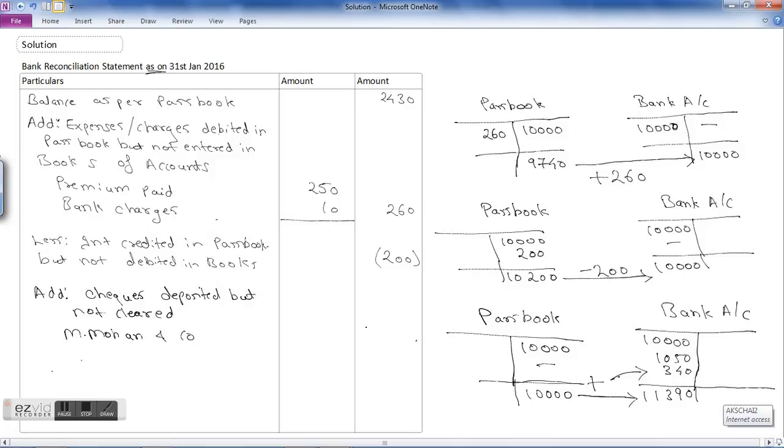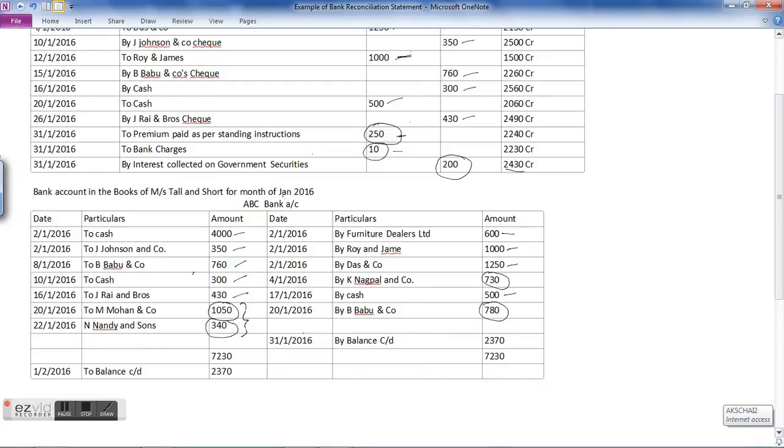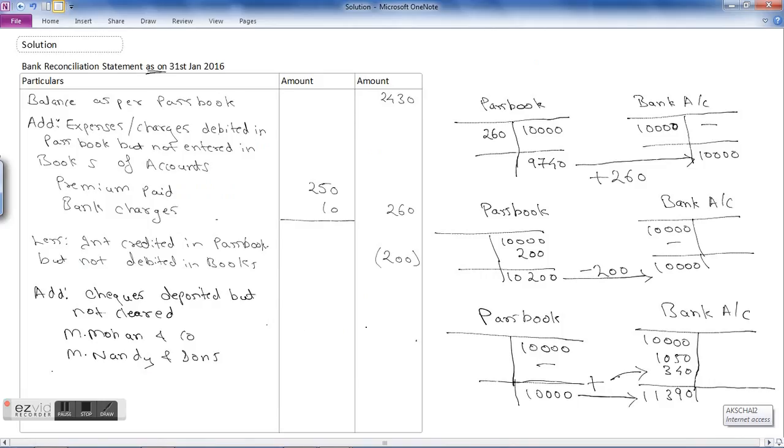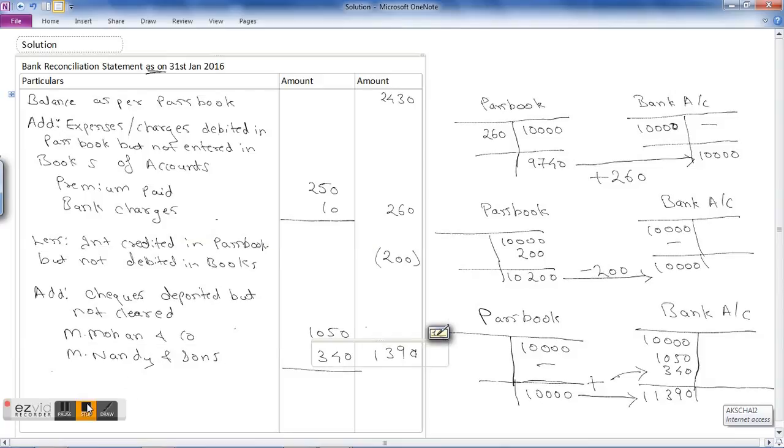How much is the amount? M Mohan and Company, it's 1050. So put M Mohan and Company 1050 and Nandi and Sons 340. So the total amount comes to 11,390, correct? Now we'll go to the next transaction.